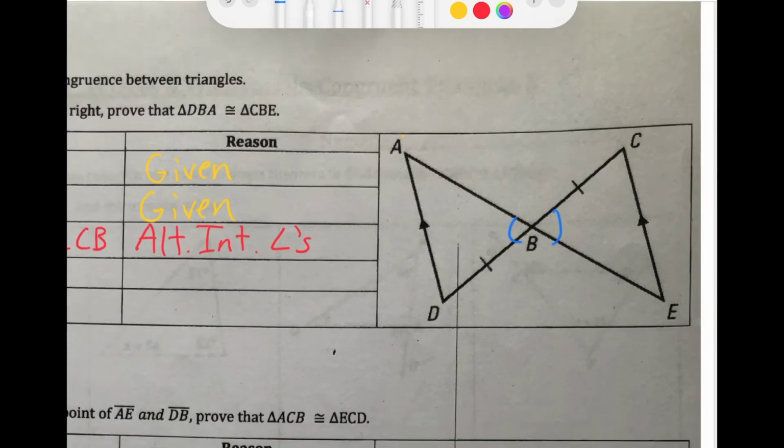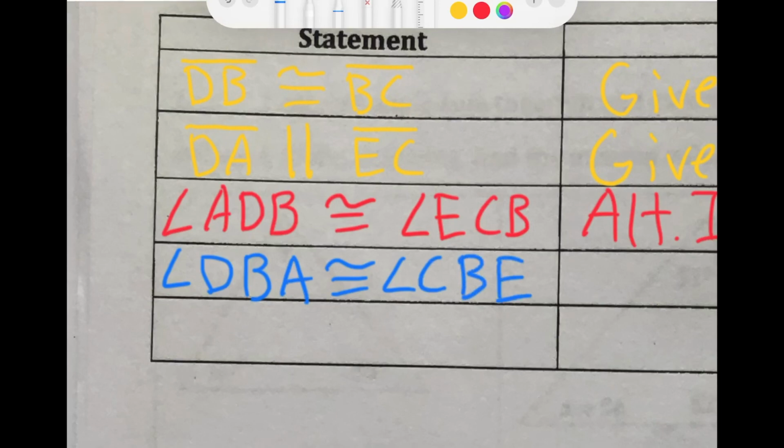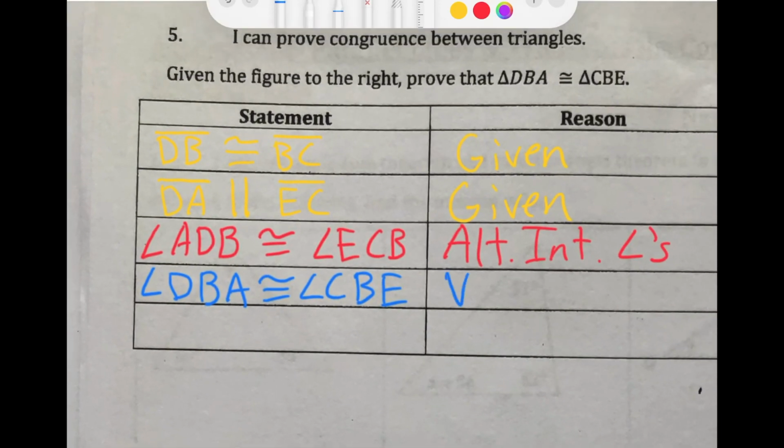Congruent. So we're going to identify those as congruent angles. Angle DBA is congruent to angle CBE due to vertical angles.